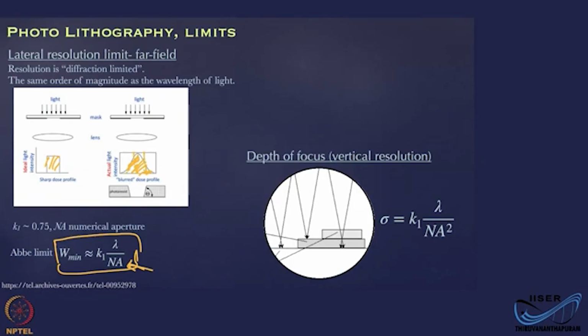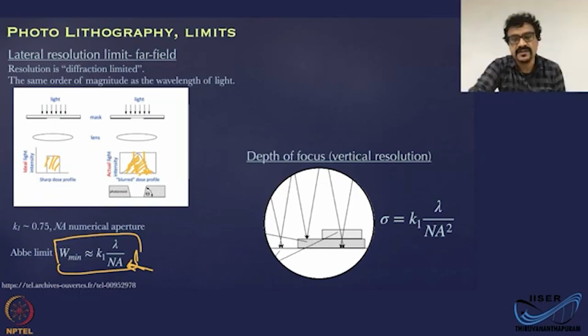Because of all these diffraction effects, the amount of light falling on the sample is completely non-uniform, and that affects the quality of the pattern, not only the resolution. So this is the effect of far field diffraction. In neither case is your resolution spared from the diffraction effects.